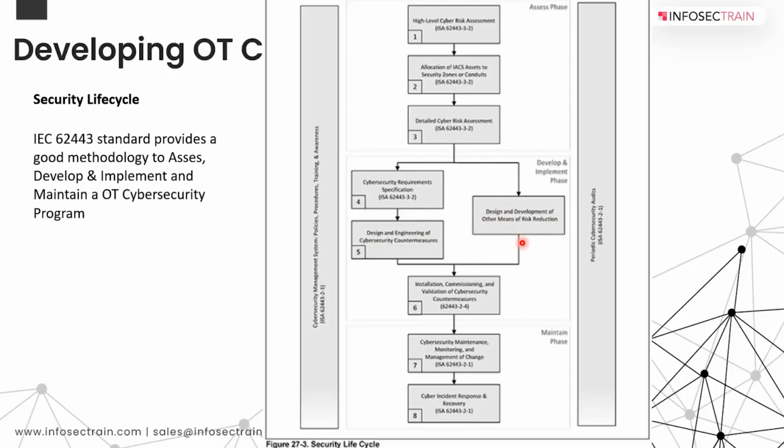Maybe speaking about barriers, probably tomorrow I'll show you a slide that is very interesting and might be of use to you. Once you do all this, you procure the hardware, install it, test it, commission it, and validate. Validation of cybersecurity is very important, and the standard 2-4 speaks a bit about it.